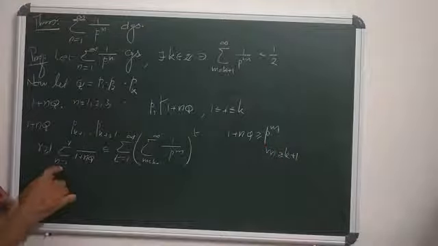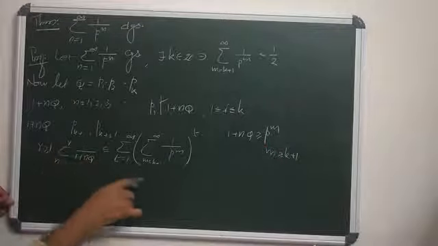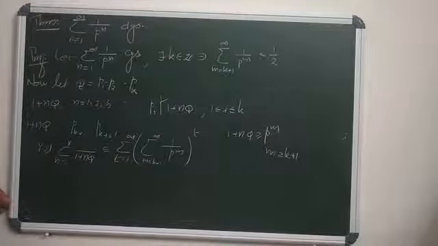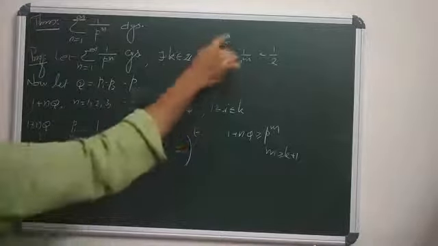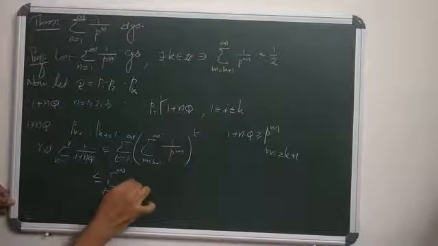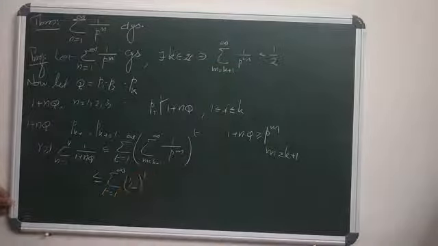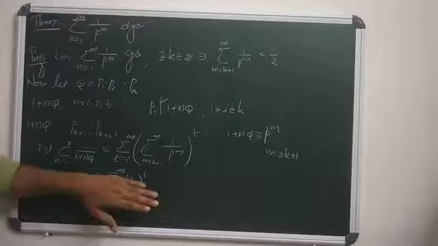Thus, sigma n ranges from 1 to r, 1 by 1 plus NQ is less than or equals this summation, which is less than or equals sigma t ranges from 1 to infinity. What about 1 by p power m? It is strictly less than 1 by 2, so it is 1 by 2 all power t. Come to this right side.